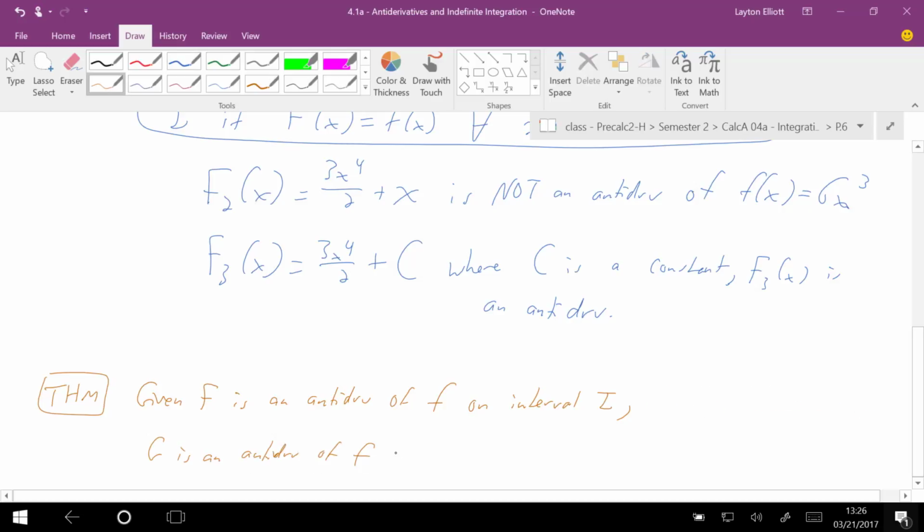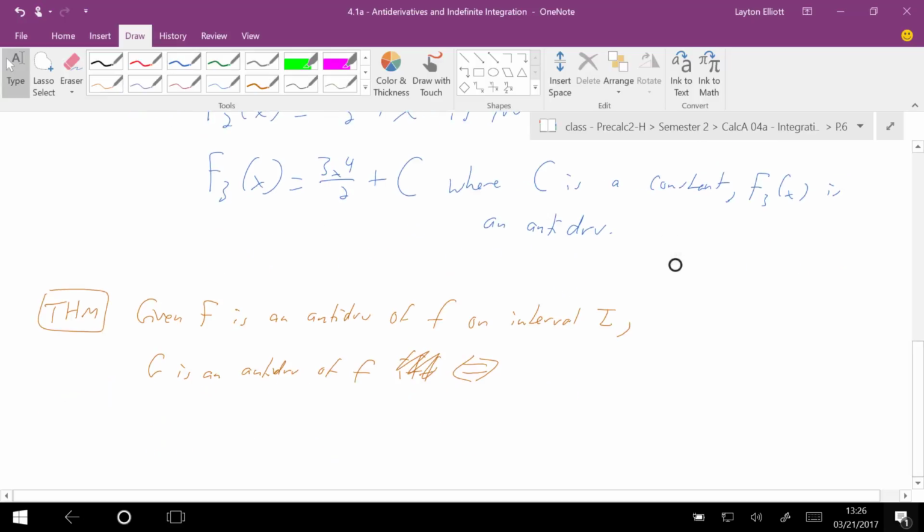G is an antiderivative of f if and only if, and I'm not going to use that notation so much as I'm going to use the double arrow notation. My condition is to say that g is an antiderivative of f if and only if big G of x is equal to big F of x plus some c, meaning that G of x and F of x differ by some value c, where c is a constant.